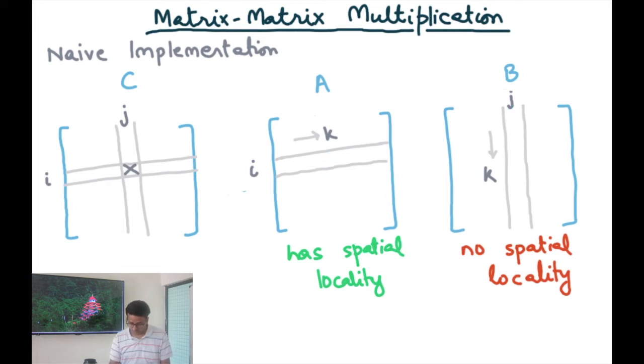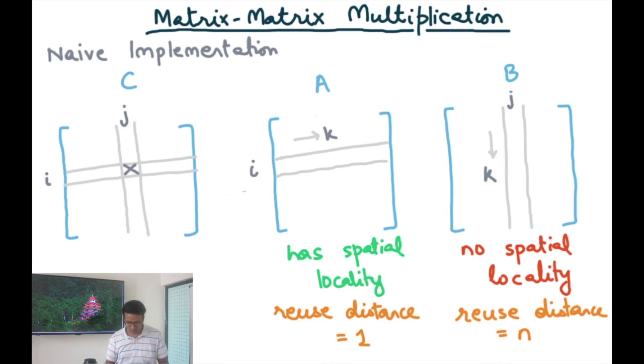On the other hand, these accesses are really far, because between this access and the next access there are all these addresses marked with the yellow pen here, which is a large distance away, and so there is very little or no spatial locality in the accesses to B.